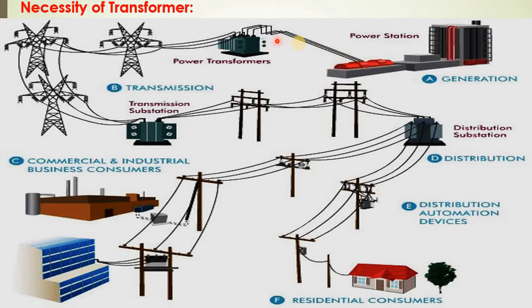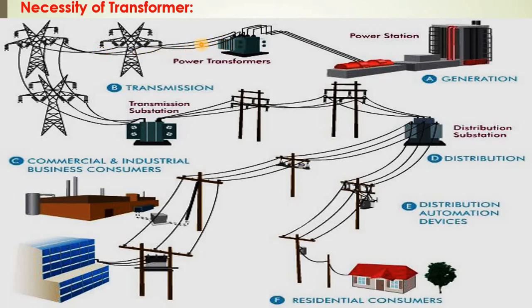That voltage will be stepped up by means of this power transformer, converting 11 kV into 220 kV or 400 kV voltage levels for the transmission line.